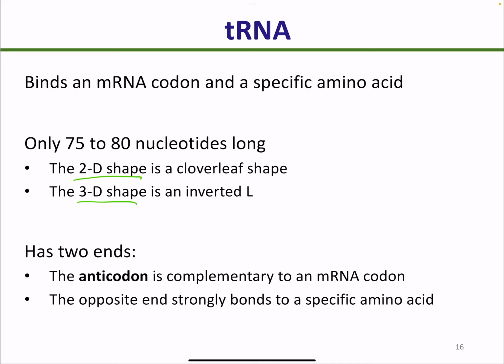That's why earlier I did represent something like this. All right? Now, what is characteristic of the tRNA? It's that you have one end right here where the amino acid is attached, and another end right here where you are going to have what we call an anticodon.